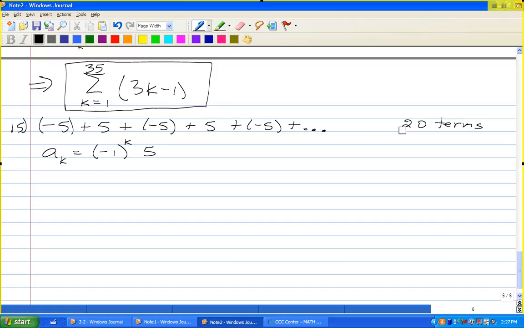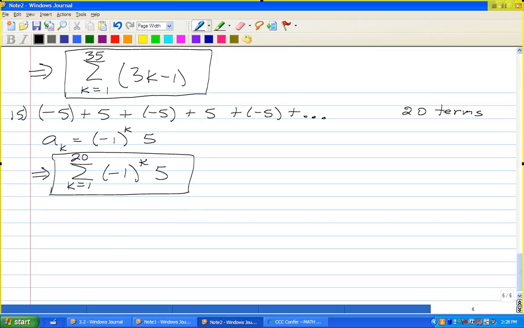This is an alternating series. And so my sum should look like the sum k equaling 1 to 20 of negative 1 to the k times 5. And that gives me my answer.